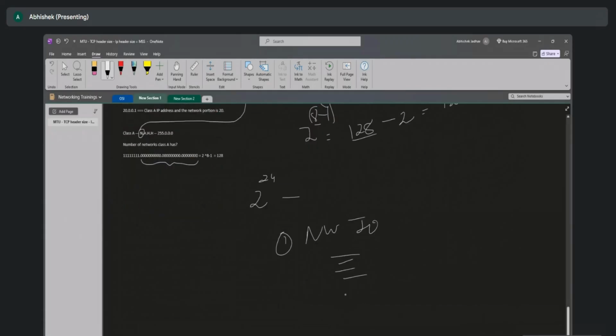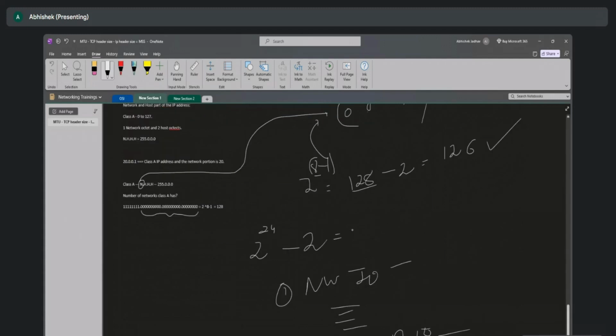Then at the end, we will have a broadcast ID, right? So this broadcast ID and network ID are what we are subtracting from here. When you subtract this, you get 16 million plus host IPs.